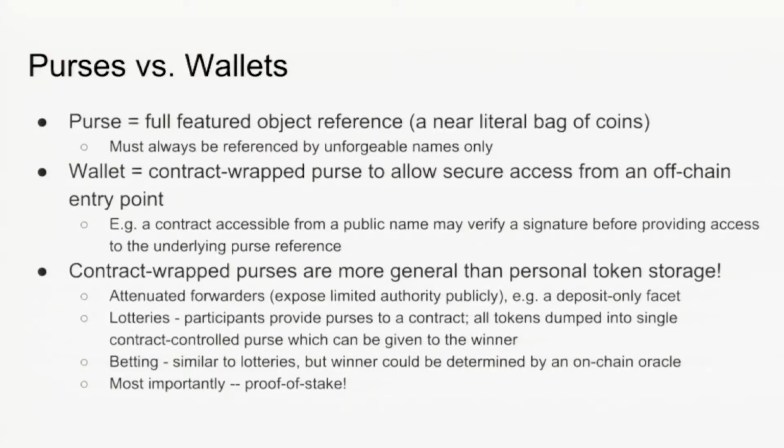So Mike Stay talked about purses versus wallets. You can take a purse and wrap it with a signature verification, but you could wrap it with other things as well, like multiple signature verification. The same underlying purse code just needs a slightly different wrapper. Now you have a multi-sig wallet.